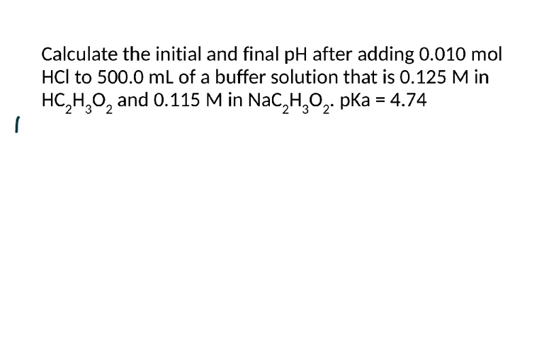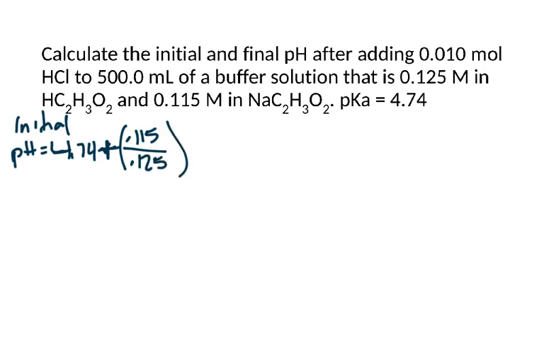Our initial pH is going to be 4.74 plus the log of 0.115 over 0.125, using Henderson-Hasselbalch. So my initial pH is 4.71.